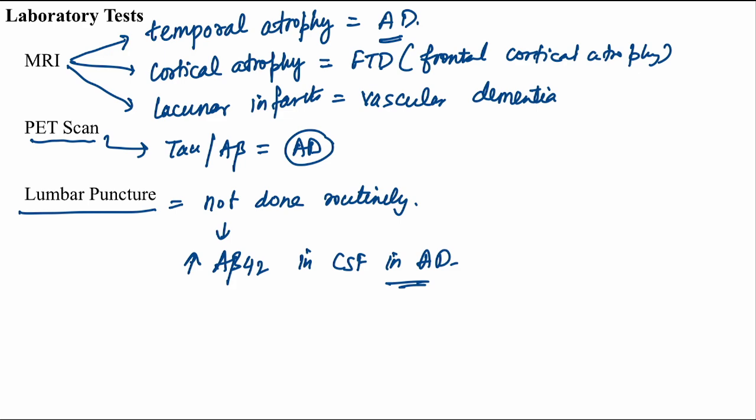In normal pressure hydrocephalus, you will see dilated ventricles. In vascular dementia, you may also see subcortical white matter hyperintensities or subcortical diffuse white matter changes. These are the findings that you will see on MRI.